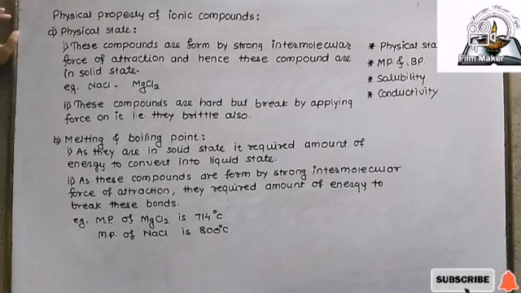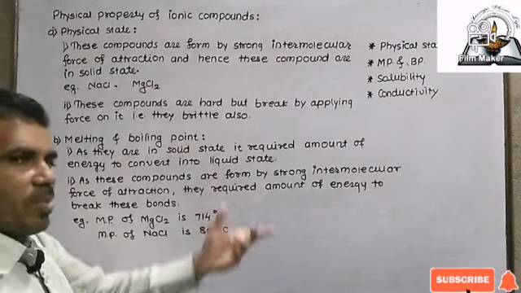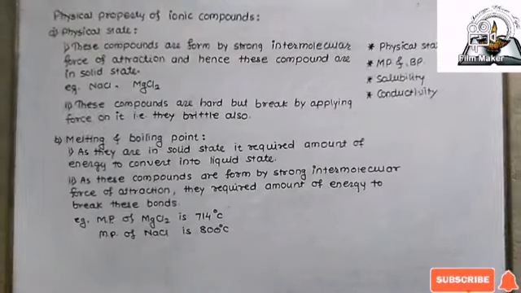As these compounds are in solid state, they require an amount of energy to convert into liquid state, that is the melting. The temperature at which the liquid state gets converted to vapors or gaseous state is called the boiling point.